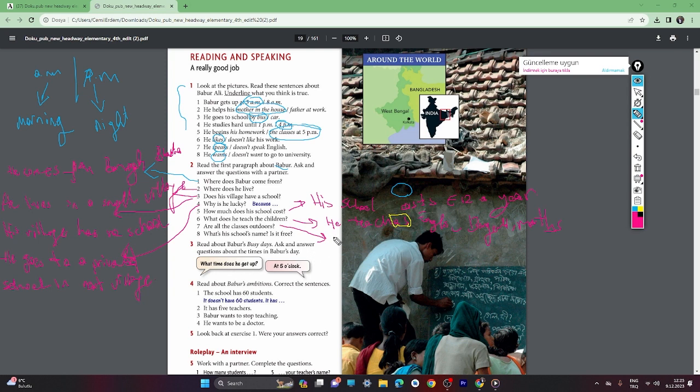So you can say some classes are in a school which is made by bamboo huts. Okay.